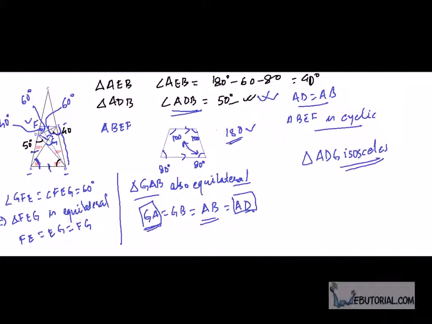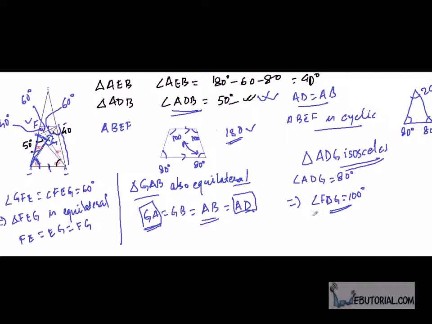Now this triangle over here is isosceles with something like this. This angle is 20 degree. So obviously these two angles are going to be 80 degree. So angle ADG equal to 80 degree. This implies that angle FDG is going to be 100 degree.